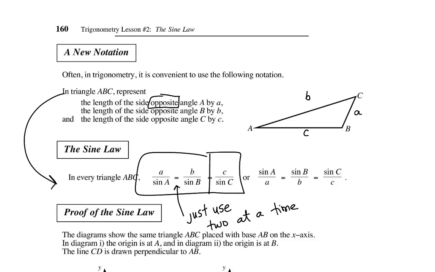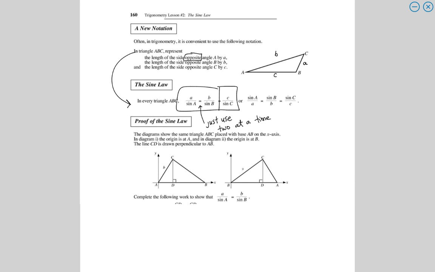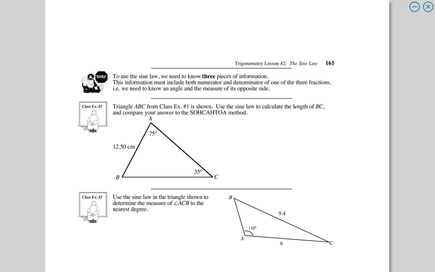All that formula is saying, and the proof that follows it demonstrates it mathematically why it's true, is that if you take a ratio of the side length and divide it by the sine of the angle opposite, all those ratios are the same. So we can just use this fact to solve non-right angled triangles quite easily. Okay? So we're not going to worry about this proof. I'm just going to show you how to use it.